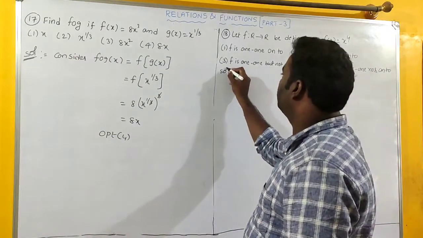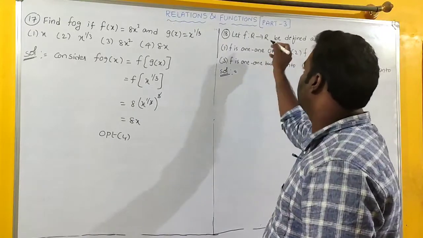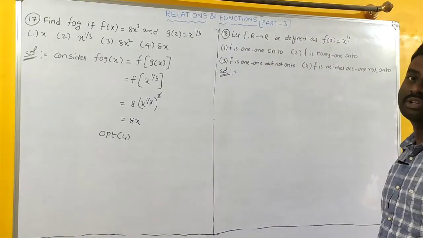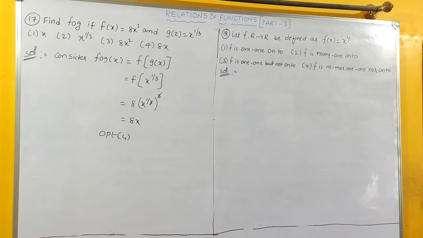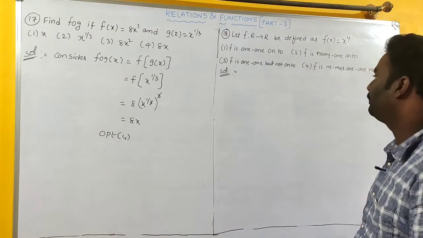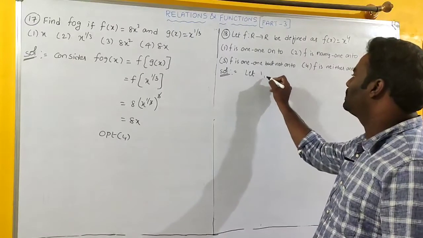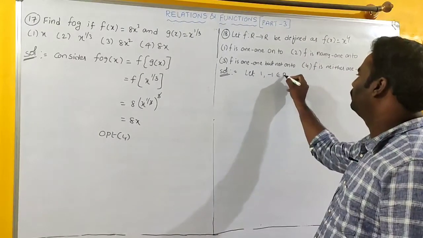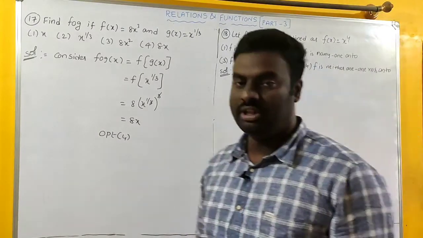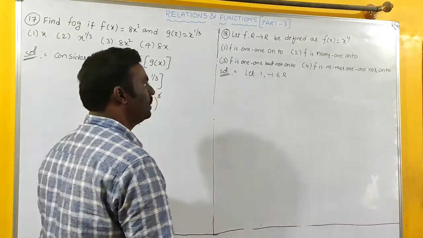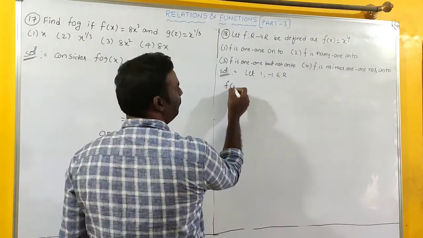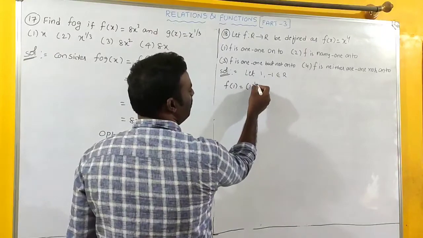Next question. f maps R to R and is defined by f of x equals x power 4. We need to check whether it is 1-1 or onto. Now I am taking two numbers, 1 and minus 1. These both are real numbers. I am finding f of 1, that is 1 power 4, which is 1.